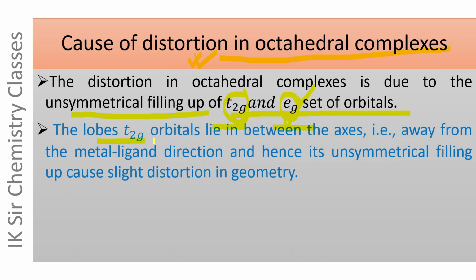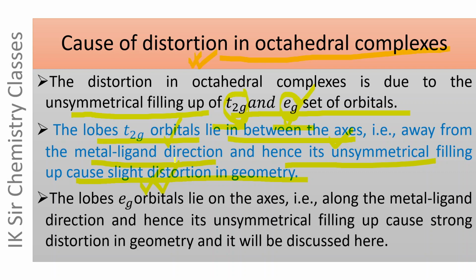The lobes of t2g orbitals lie in between the axes, that is away from the metal ligand direction, and hence the unsymmetrical filling up of t2g set of orbitals causes only slight distortion in geometry.